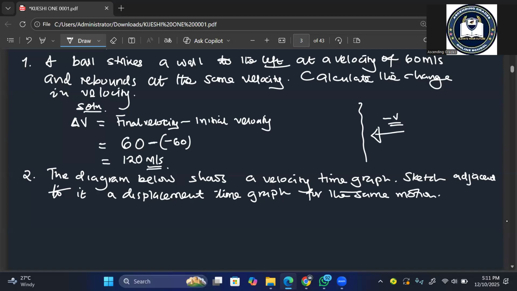So the first graph looks like this, which is of velocity against time.